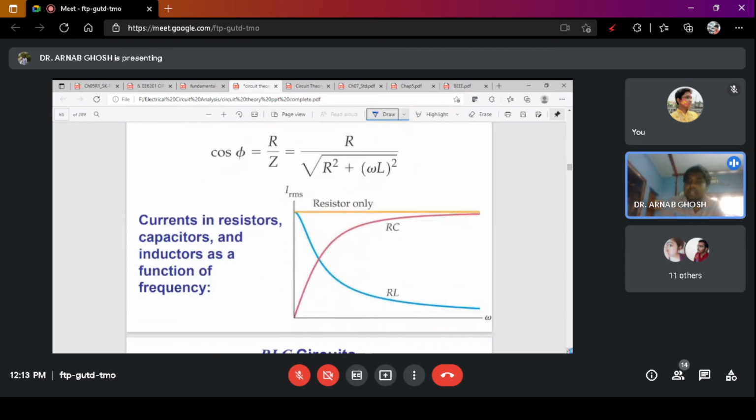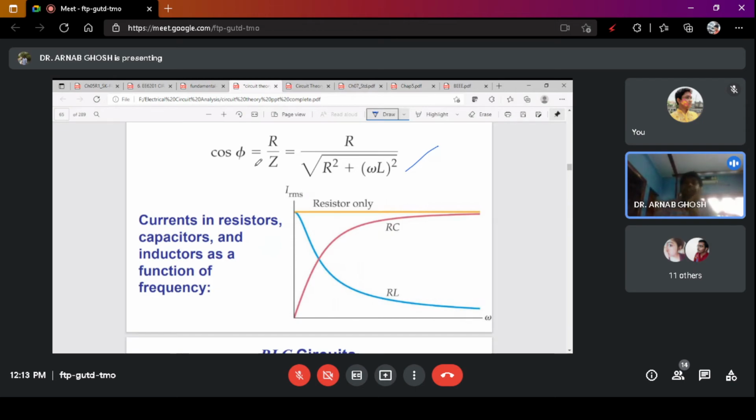And if you calculate the power factor, that is R by Z, this comes out as R by root over R square plus omega L square. Again you see, if it was a purely inductive circuit, R would have been 0, then your cos phi would have been equal to 0. But when it's an RL circuit, the power factor angle is less than 90 degree.